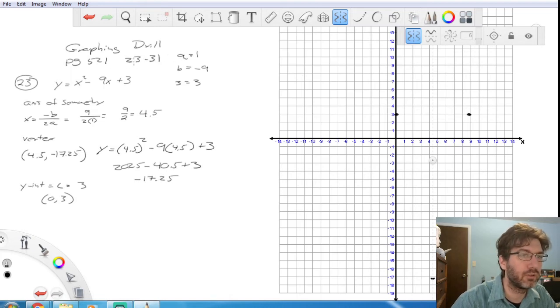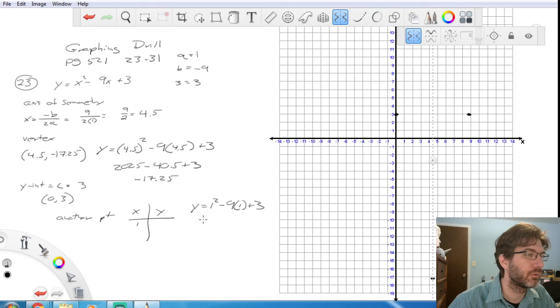Let's plug in 1, because it's probably the easiest to deal with. So in our XY table, we're going to say 1. And you get y equals 1 squared minus 9 times 1 plus 3. 1 squared is 1.